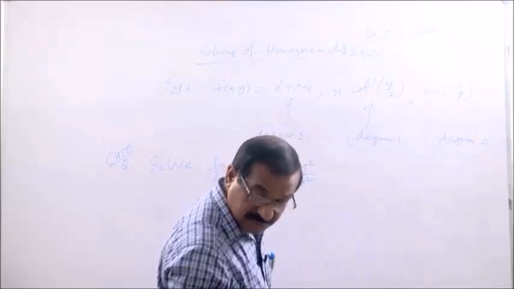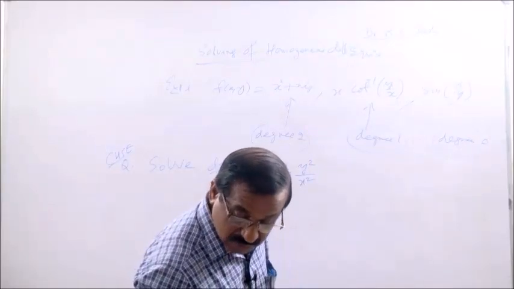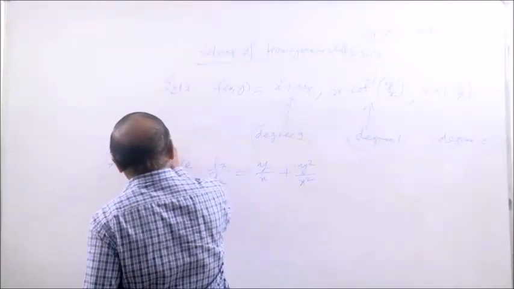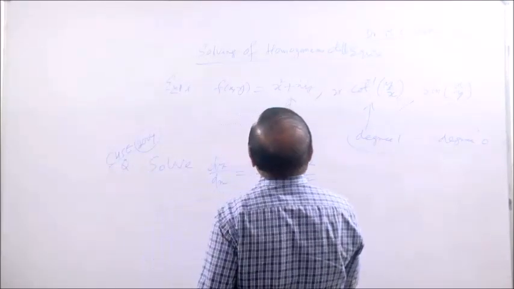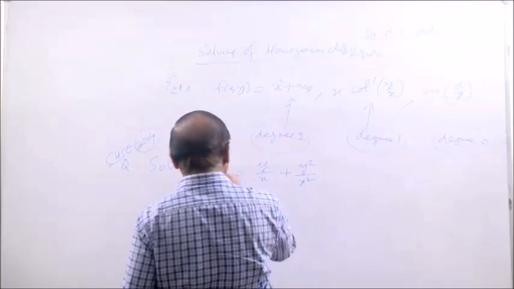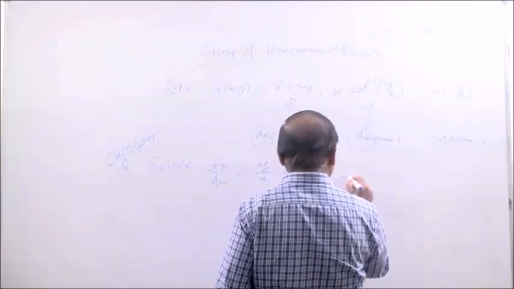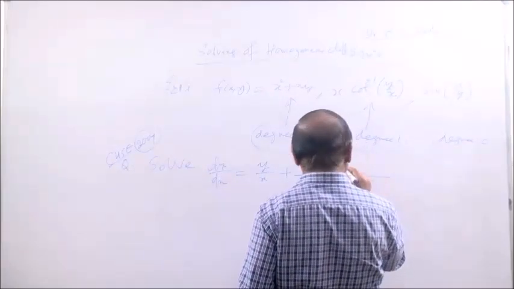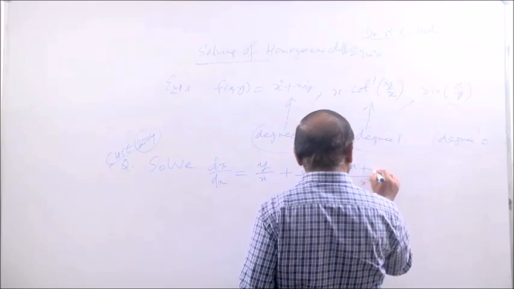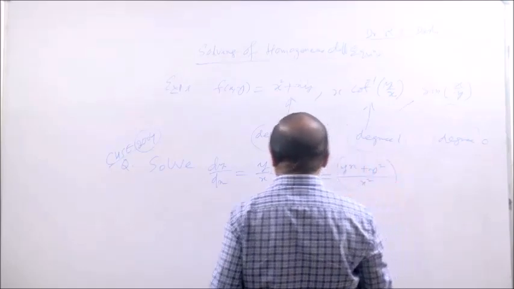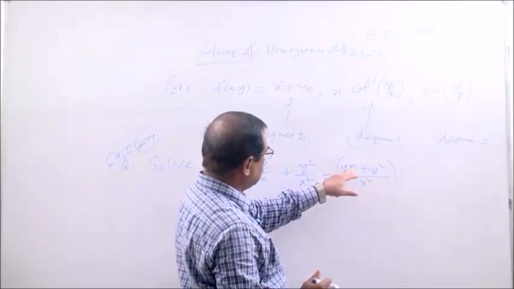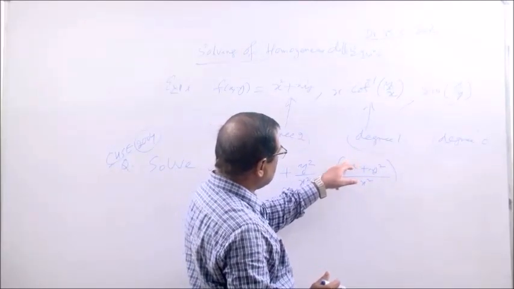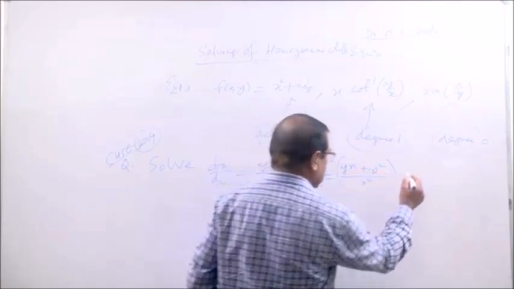This question came in the year 2004. You see, I have told you if dy by dx is given like this, let us take the LCM. This is yx, this is y square. Here the power of x is 2, and yx is 1 added, so this is homogeneous.